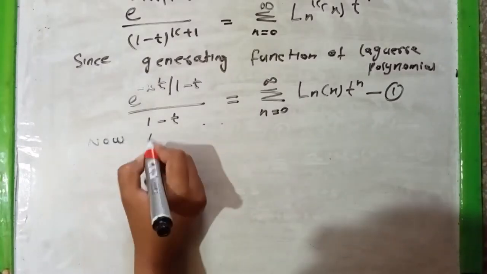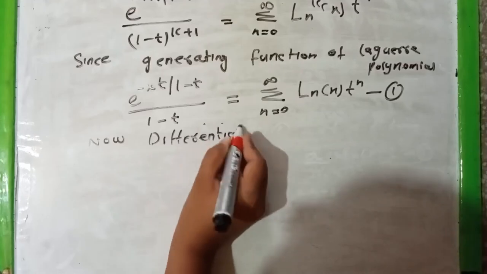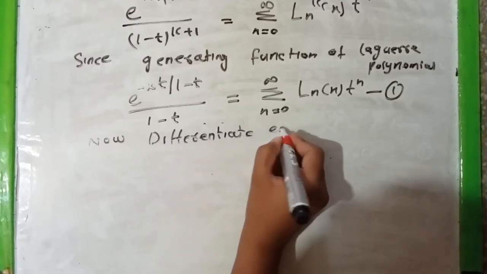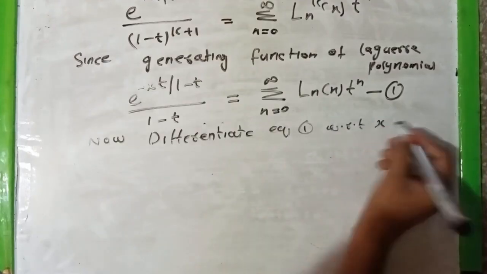Now differentiate equation 1 with respect to x, k times.